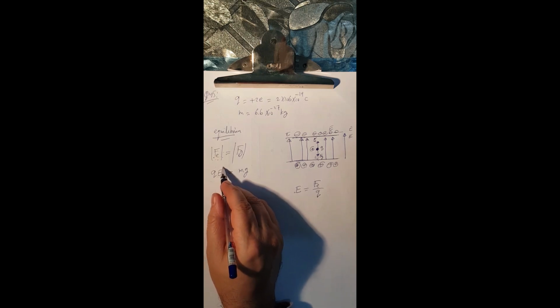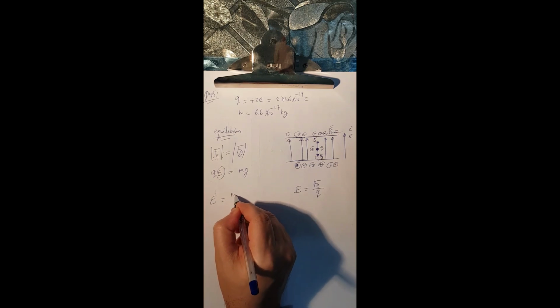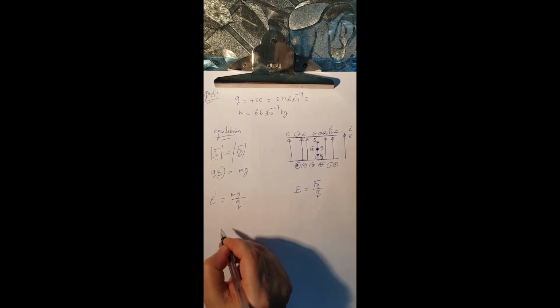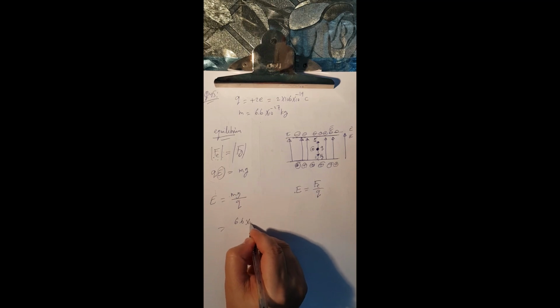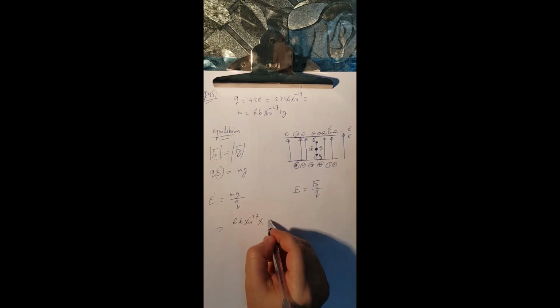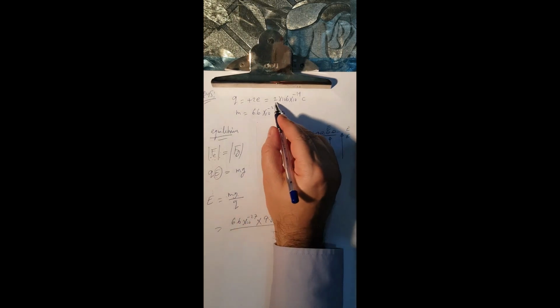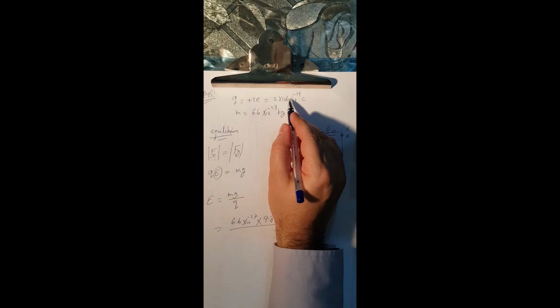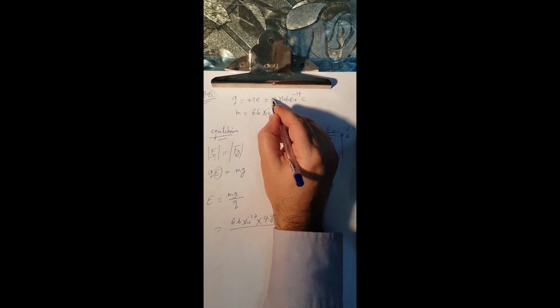Now the question is, how much is the electric field E? So E from here is mg over q. The mass is known, 6.6 times 10 to the power minus 27 kilogram, times the gravity acceleration 9.8, and the charge is twice the charge of an electron, but positive.